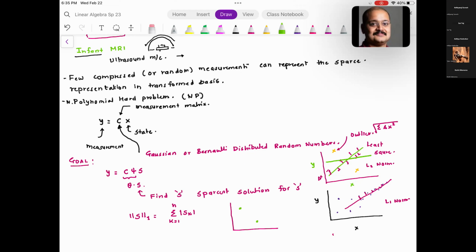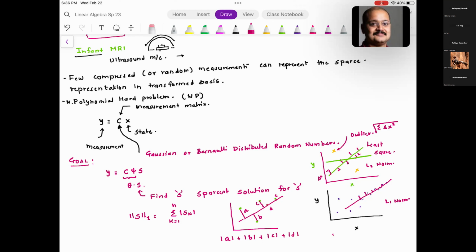I have these points, and I'm going to try to fit a line wherein this distance A, this distance B, this distance C, this distance D, this distance E. I would find the absolute value of A plus absolute value of B plus absolute value of C plus absolute value of D plus absolute value of E, and programmatically I would do it for all the possible lines.